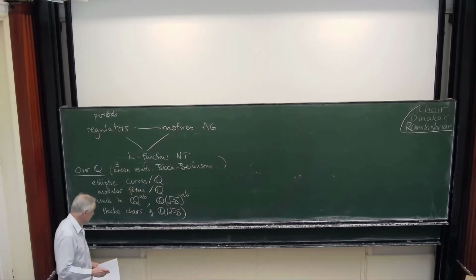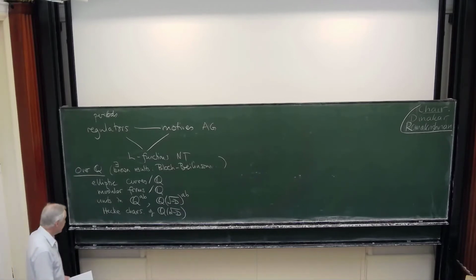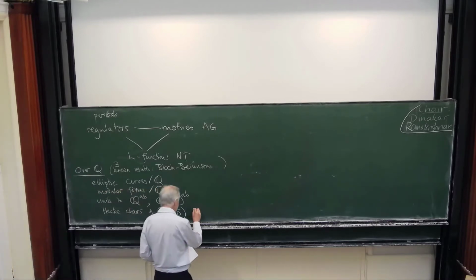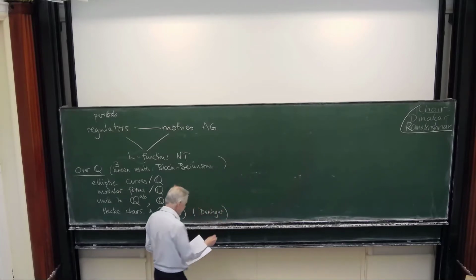So the original case that Bloch studied was elliptic curves with complex multiplication. It's a very special sort of Hecke character, and these were generalized considerably in work of Deninger.